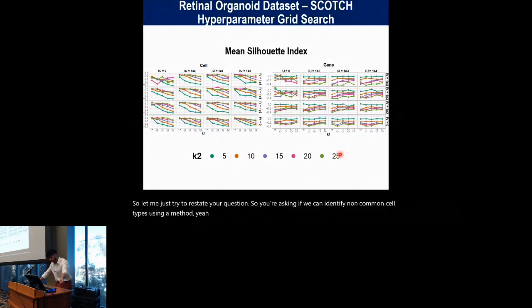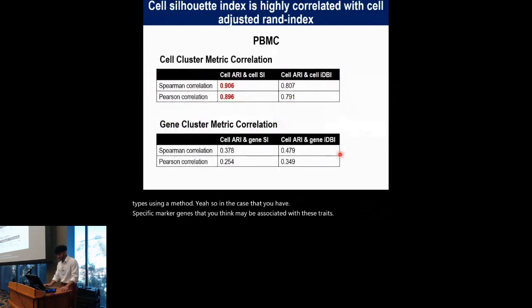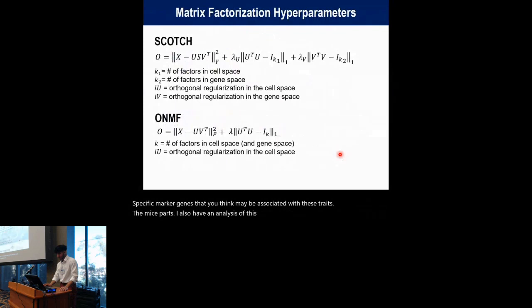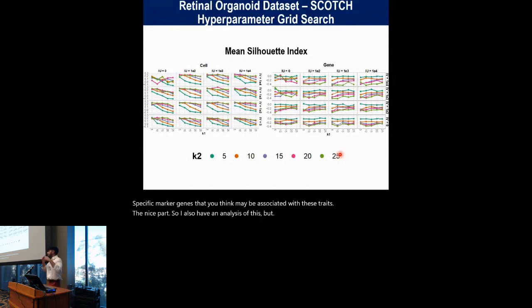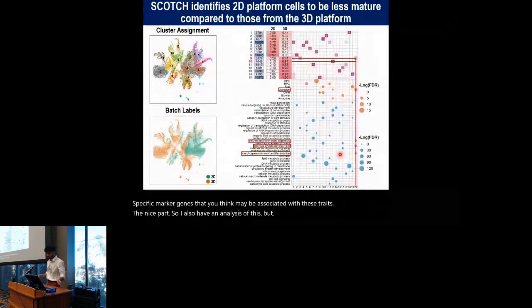Yeah, so in the case that you have specific marker genes that you think may be associated with these traits, I also have an analysis of this, but let me find this. Okay, so here, this loads. Since you have gene clusters, you can look at the corresponding gene clusters and what genes exist in that cluster. If you have a biologist who thinks that this gene might be associated with a specific type of phenotype, you can say, oh, this cell might be coming from this sort of disease state.